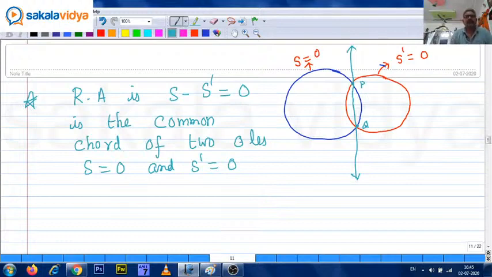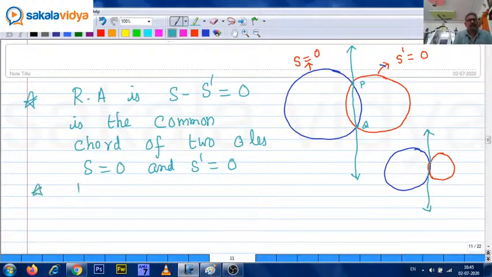So now, for example, two circles touch externally like this. Now we have the common tangent. This is a common tangent. So how to find the common tangent? The same here also we can write.